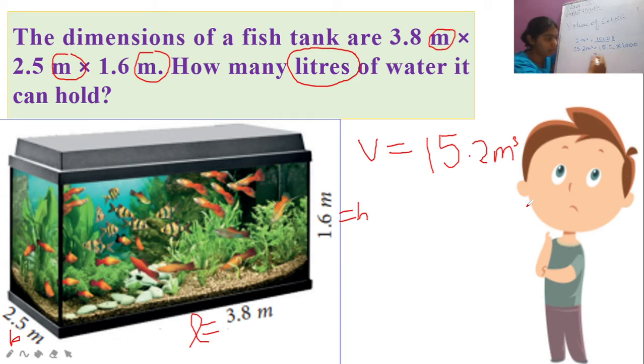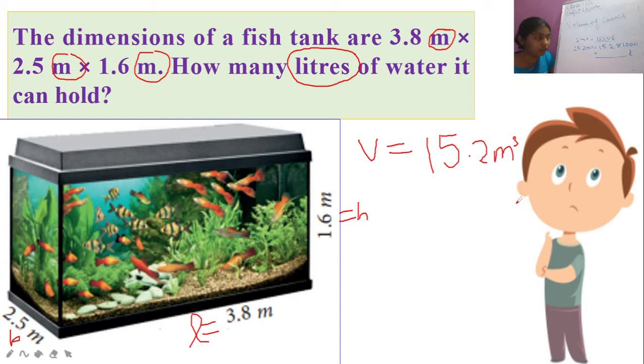Now you get your answer in liters, the volume of water required to fill the fish tank. Multiply and tell me how many liters of water are required to fill it completely.